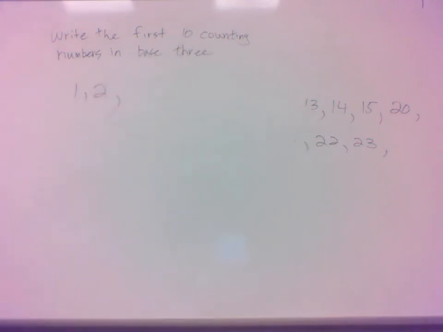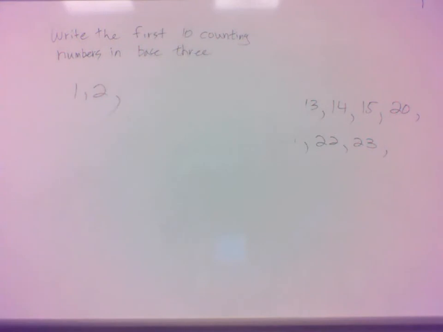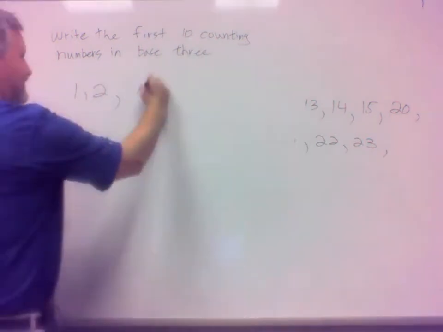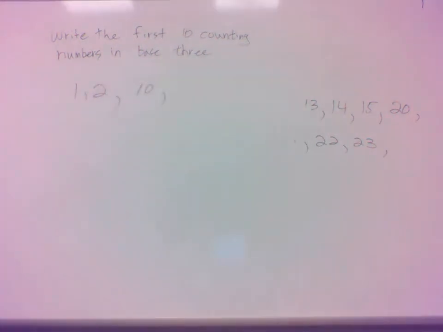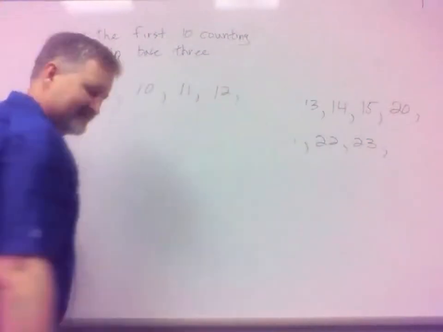The easy ones. Do we have 4s? In base 3, we only have 0s, 1s, and 2s. So as far as one-digit numbers, that's all we've got. So we got to go to two-digit numbers, exactly. In base 3, we go to 10 very quickly. It's not 10, right? We go to 11, 12.